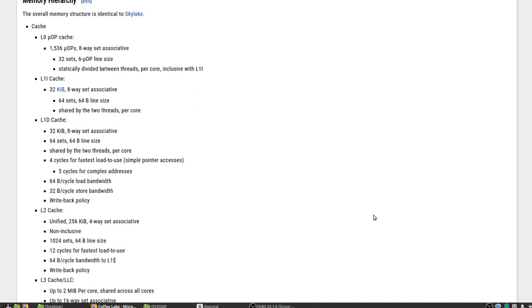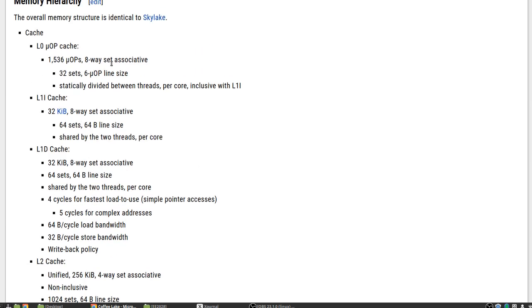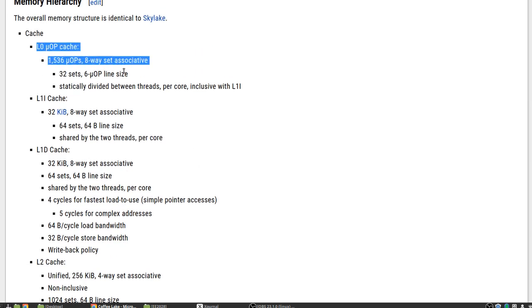So you can see that there is an L0 cache, which is what we call a micro operation cache, which is not a conventional cache, which is only there for instructions. So, Intel processors are CISC processors, right? I had mentioned earlier about CISC versus RISC. So what they do is take these complicated instructions and split them into simpler instructions.